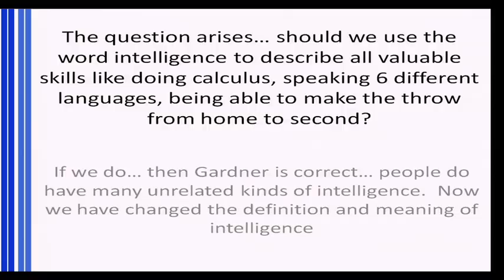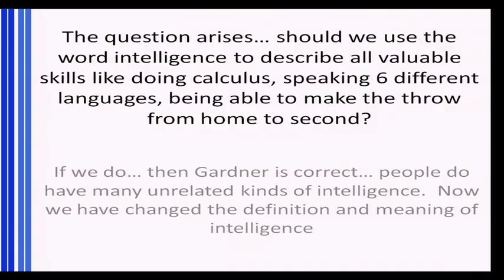However, the question arises, should we use the word intelligence to describe all valuable skills, like doing calculus, speaking 6 different languages, being able to make the way from home to a destination? So, these are certain questions that remain unanswered, but if we do, then Gardner is correct.